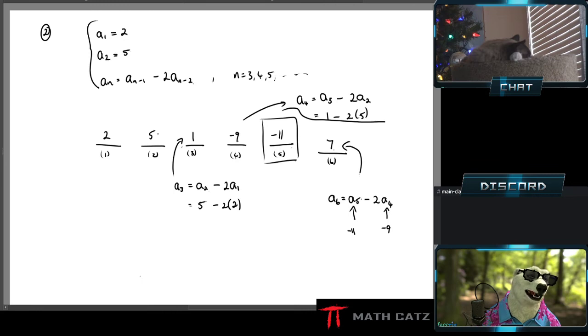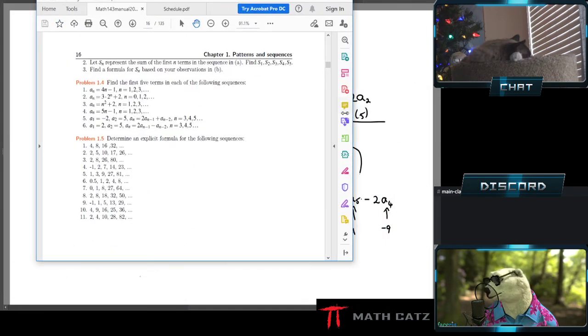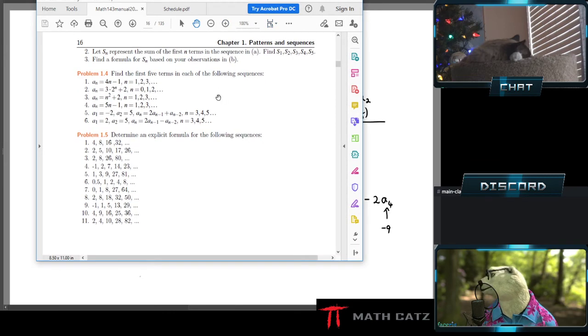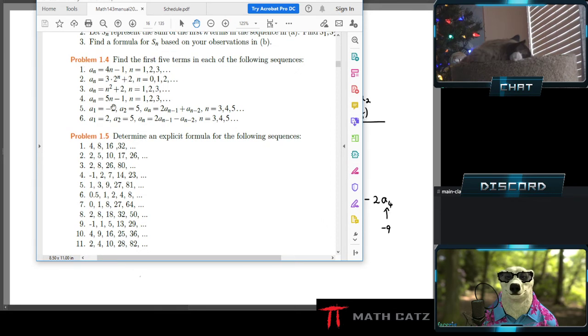So we have some problems, I'll show you here. As soon as I switch to the screen, it either becomes really big or really small. Can't win. If I look at some problems, the one closest to what we've done is problem 1.4, where again, find the first 5 terms. Can you even see this? It's not super big, but find the first 5 terms. So it's just about reading.